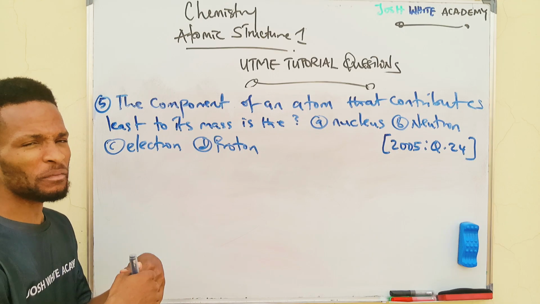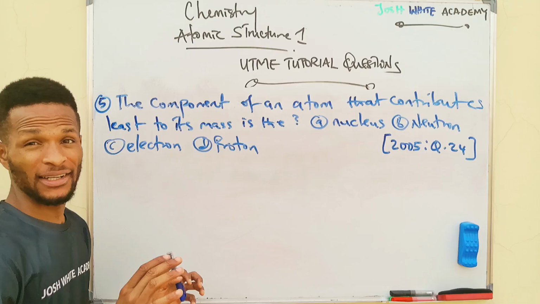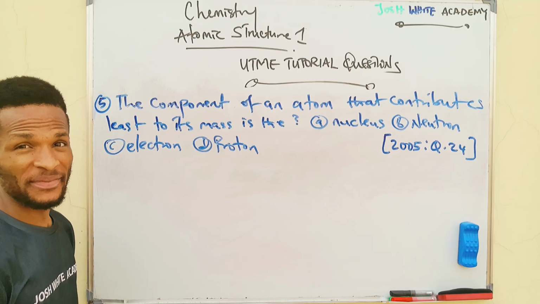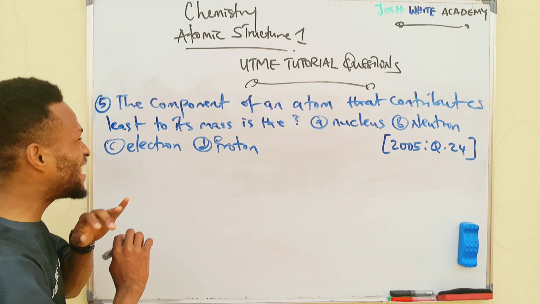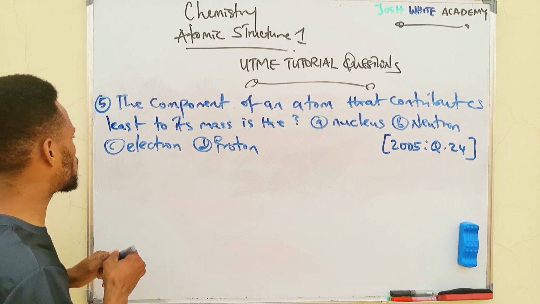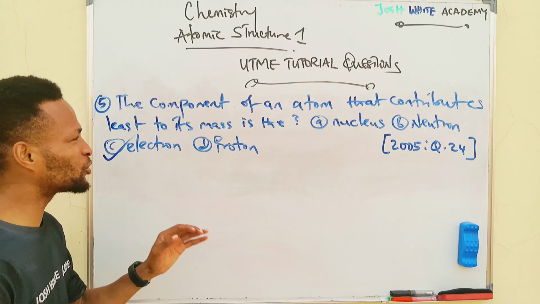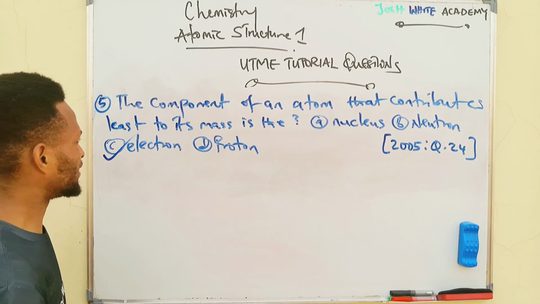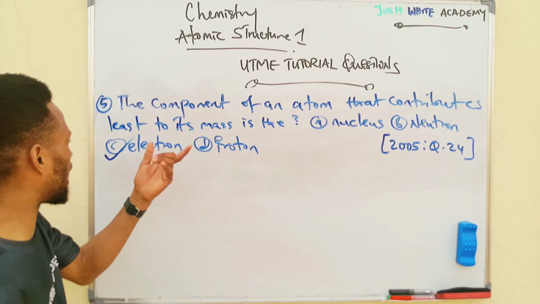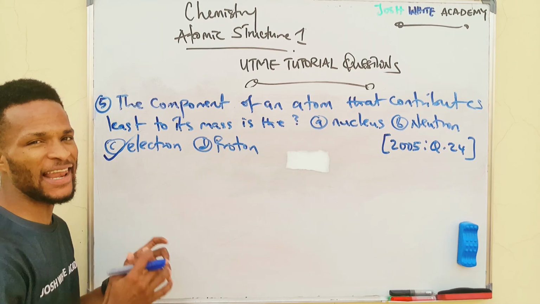We said the proton is about 1,840 times the size of the electron. So the least is what? The electron. The proton and the neutron have the same units. They are over 1,000 times heavier than electrons. So our answer is electron.